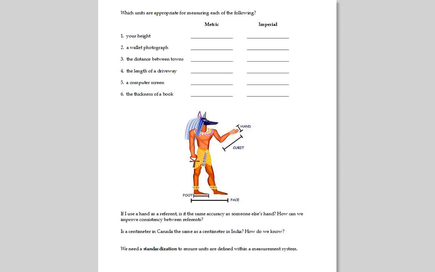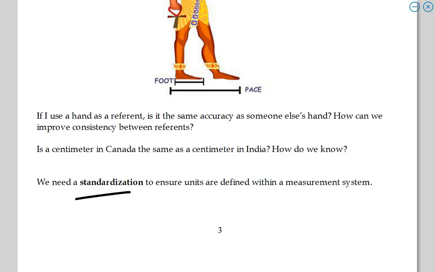Now, before modernization, lots of different civilizations used different things to measure things, because everybody has to know the same standard. Okay? And you can see that word at the bottom. It's highlighted there, standardization. Like people have to know what the standard is.